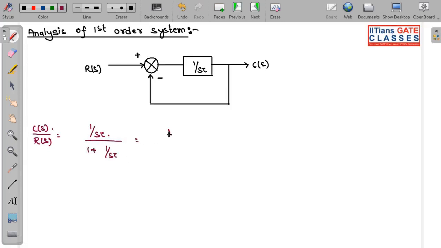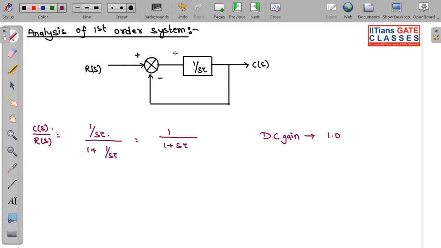So this will be 1 divided by 1 plus S tau. You can see this is a first order system. Now for this first order system, what is the DC gain? As this is type 0, the DC gain of this closed loop response will be equal to 1.